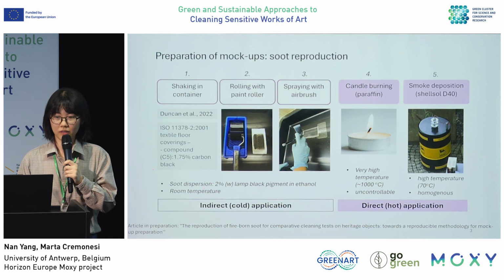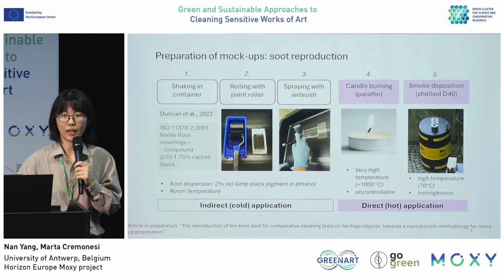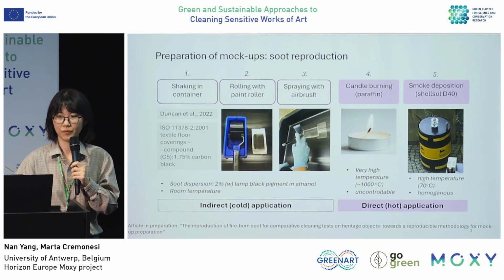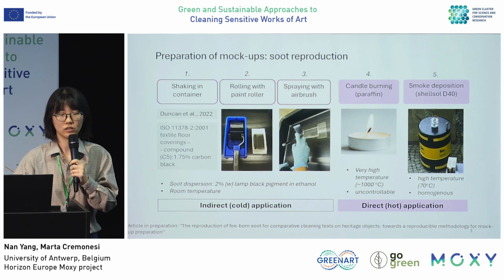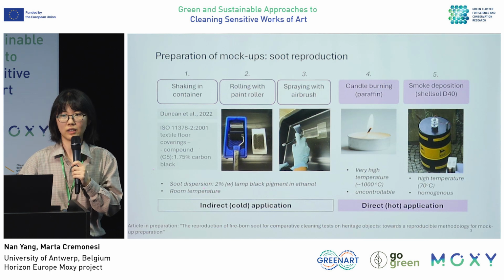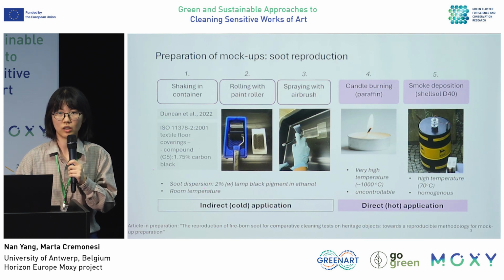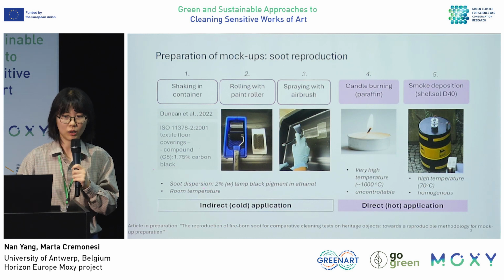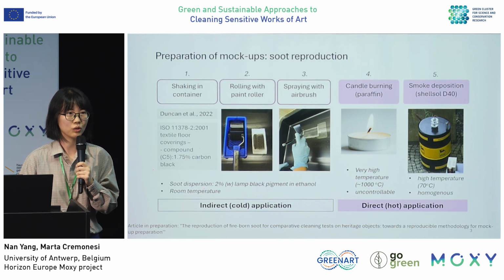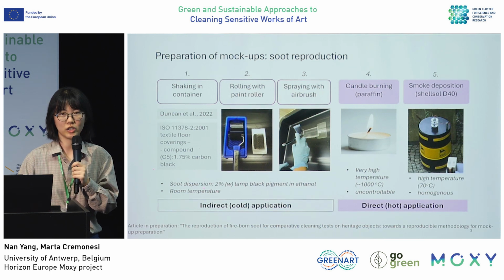The other 2 methods, the candle burning and the soot drum, are what I'm going to discuss more here. Both of them are hot applications, which means they are basically the combustion of hydrocarbons. There's a problem with candle burning because, as you know, the heat of the flame is quite hot, which can easily burn our sample.